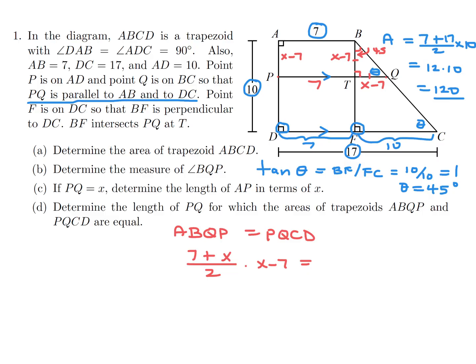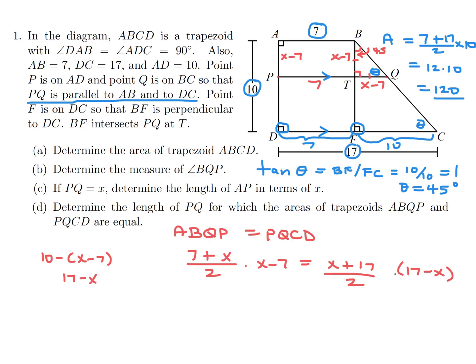And then PQCD, that would be x plus 17 over 2 times the height, which would be 10 minus x minus 7. Let me just do it on the side here. So that would be 17 minus x.